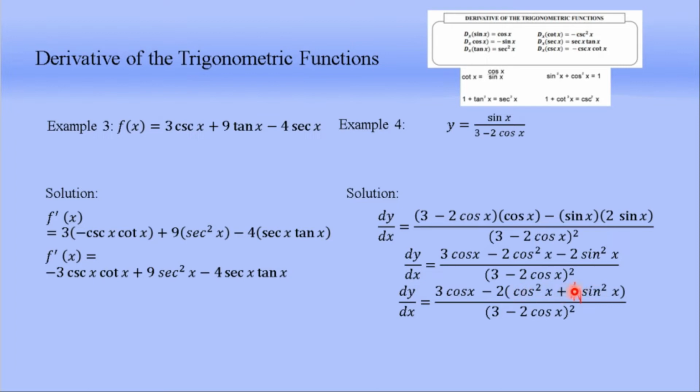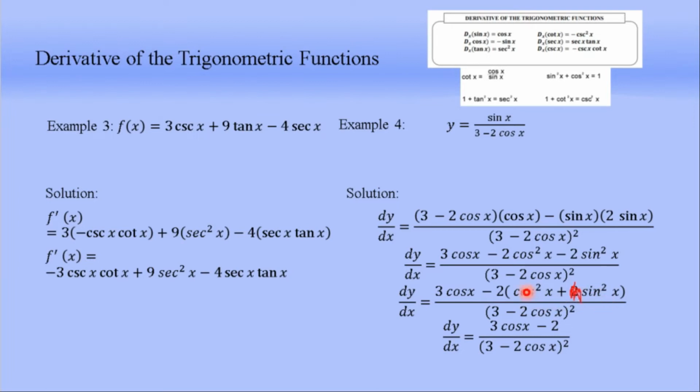So it is going to be 1 based on the identities of the trigonometric function. We just remove the 3 cos x in the denominator, and so the derivative of this trigonometric function is 3 cos x minus 2. So again, this is going to be 1.